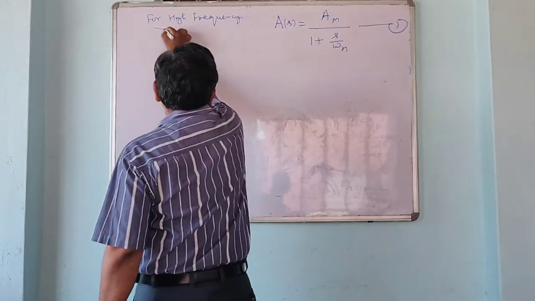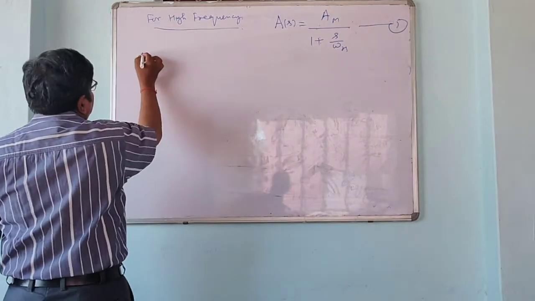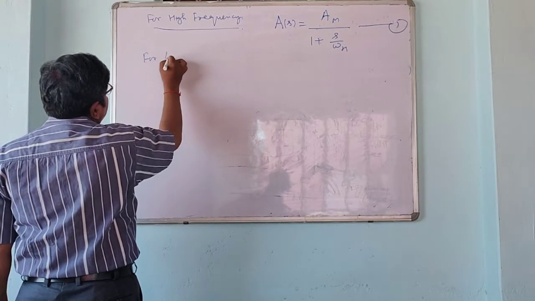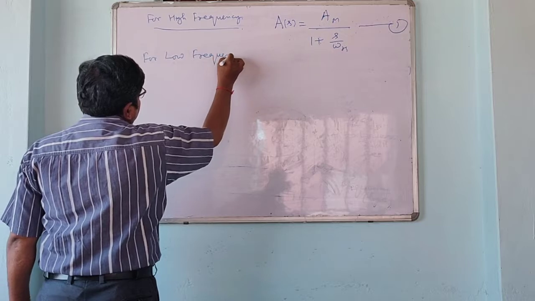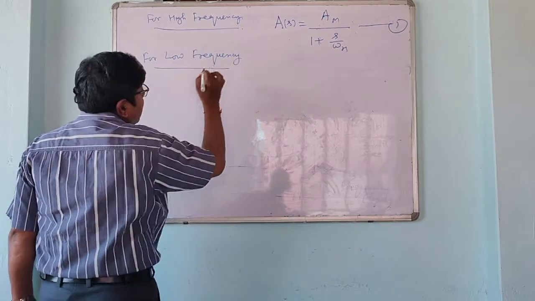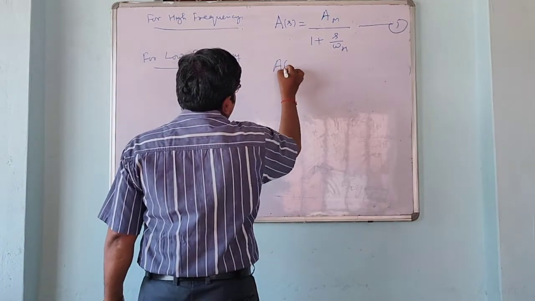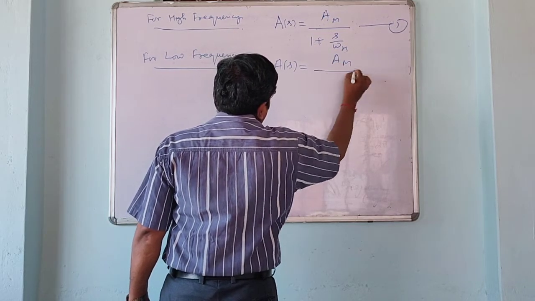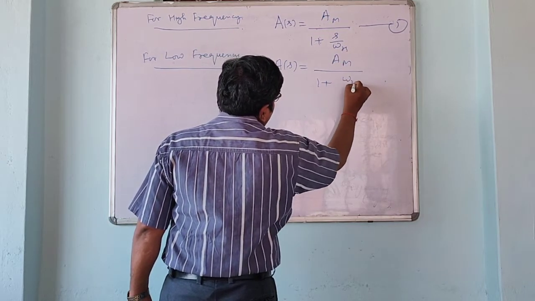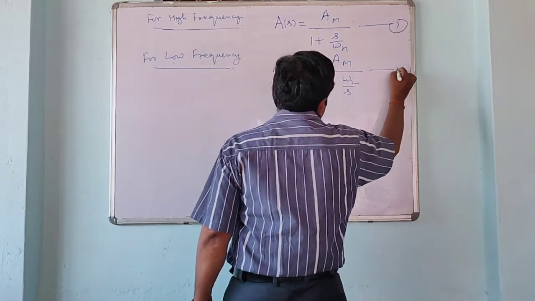This is for high frequency, and for low frequency this expression for gain is like this: 1 plus omega L upon s. Suppose this is equation number 2.